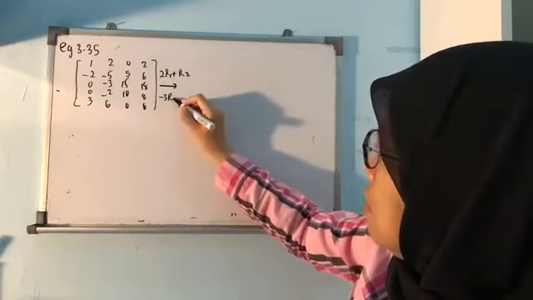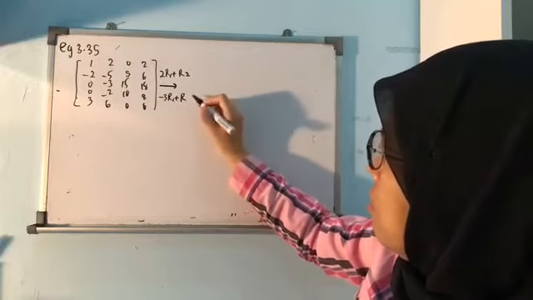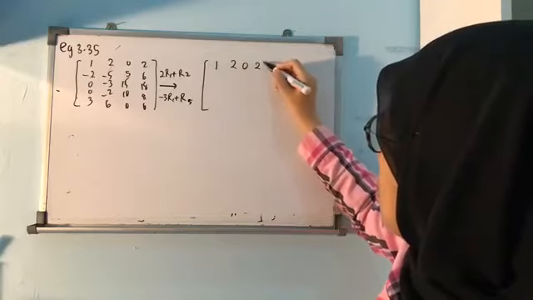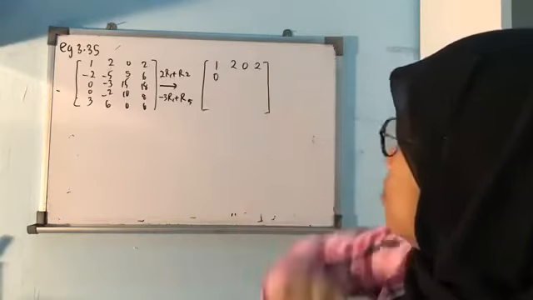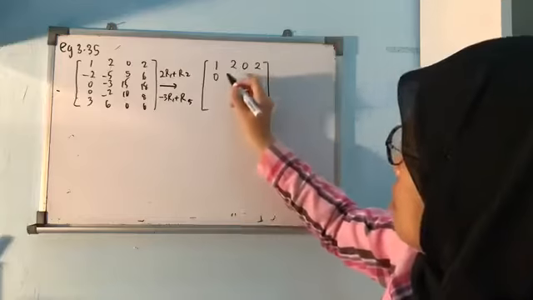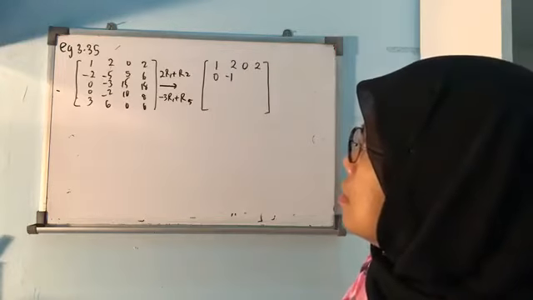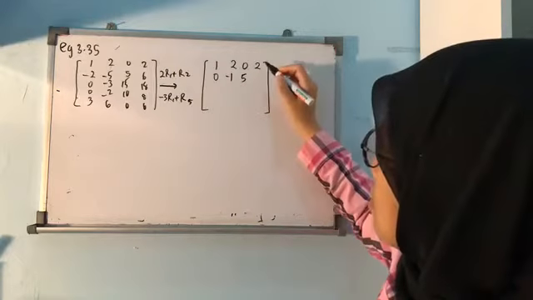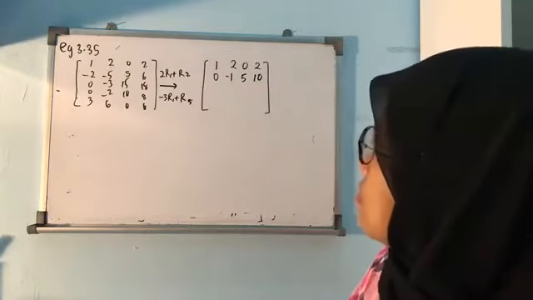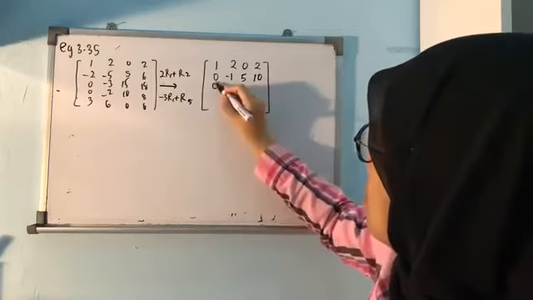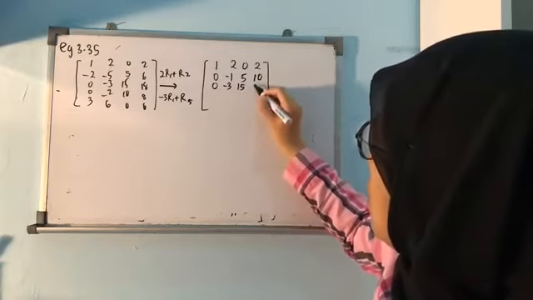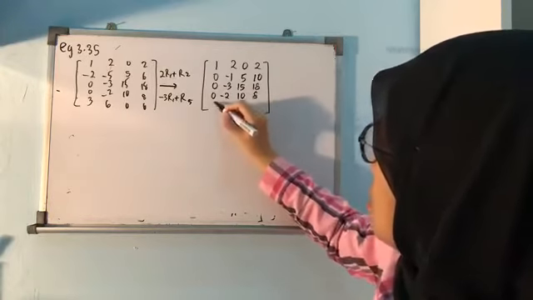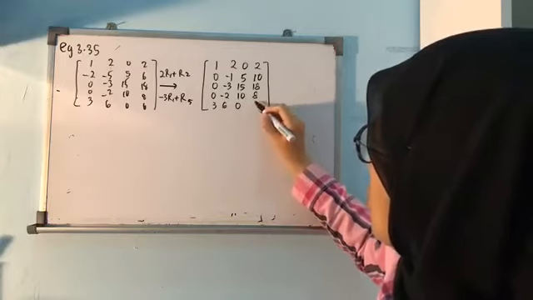Negative 3R1 plus R5. 0, negative 1, 5, 10. Okay. 0, negative 3, 15, 18. 0, negative 2, 10, 8. 3, 6, 0, 6.